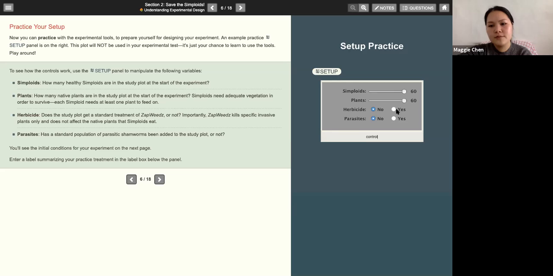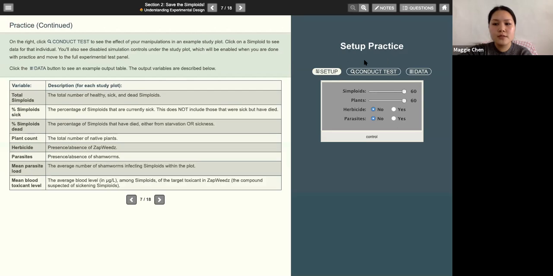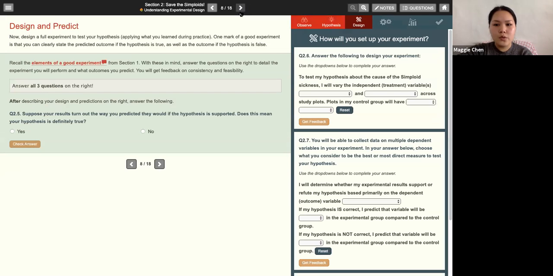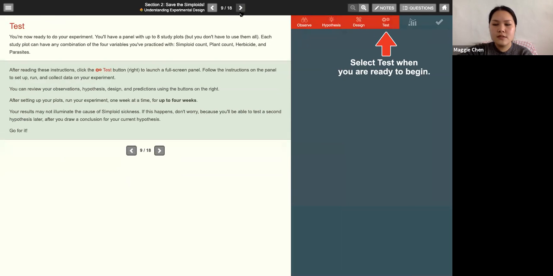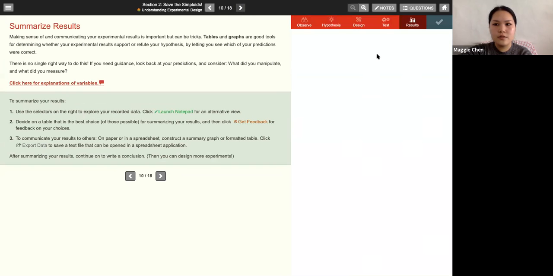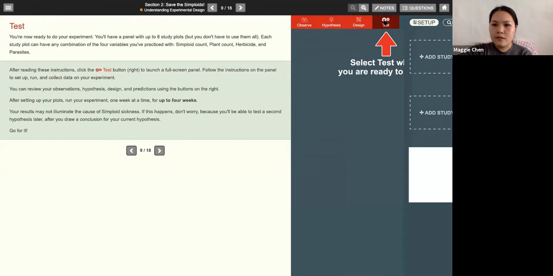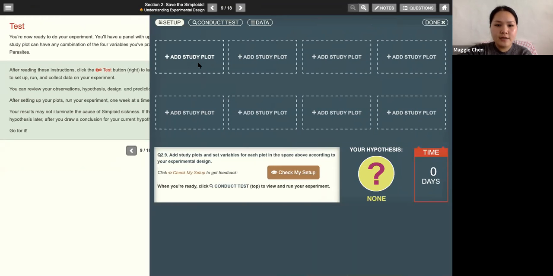But if you wanted to add herbicides, you can just click yes, we want herbicides. Yes, we want herbicides and parasites, or just parasites, something like that. But if you keep on going forward, eventually you will be conducting a test. And this is more of an example practice. So when you're ready to begin your test, you can start adding your study plots.